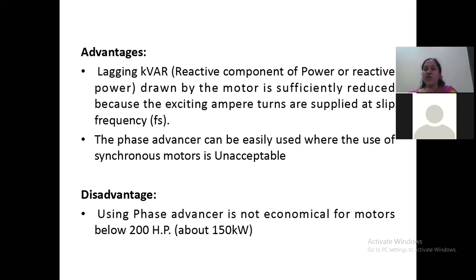So where there is no option for space, we can use the phase advancer. Now coming to the disadvantages, using phase advancers is not economical for motors below 200 horsepower. Okay, so that is again a disadvantage. We can't use it for motors below 200 HP.